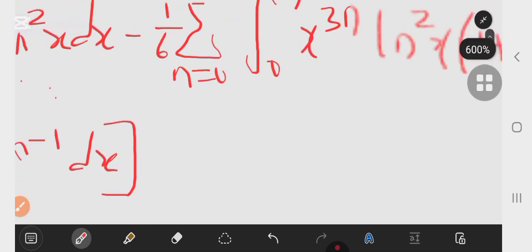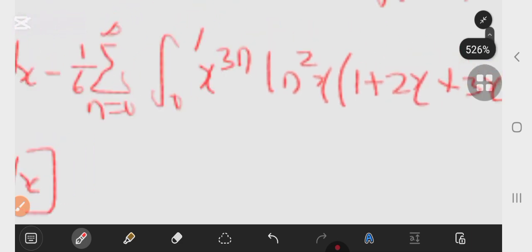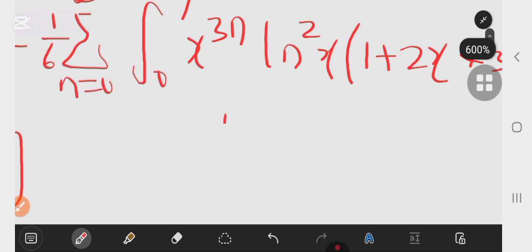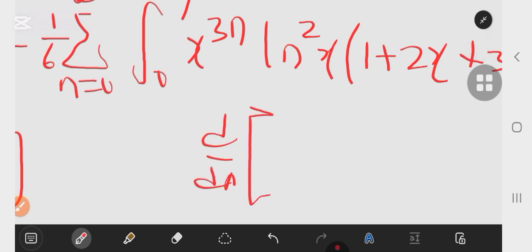Now for the second integral, a different thing happens here. Please pay attention. The derivative of x to the power of kn plus b.